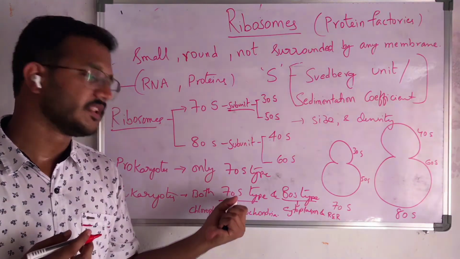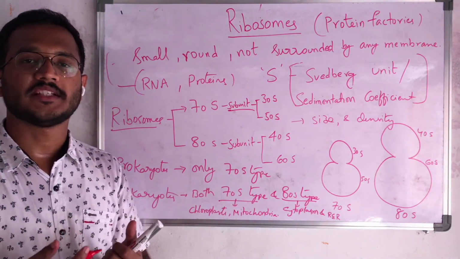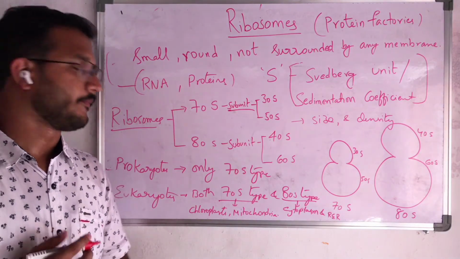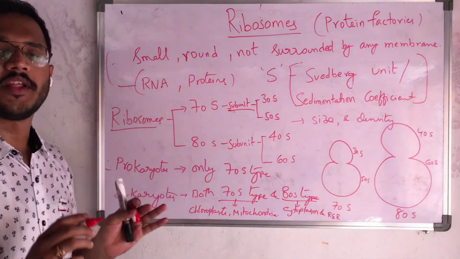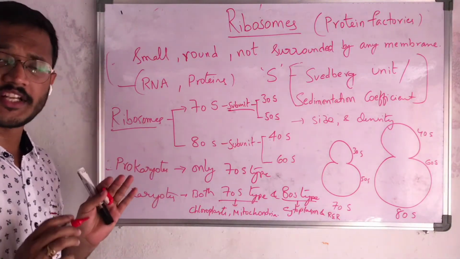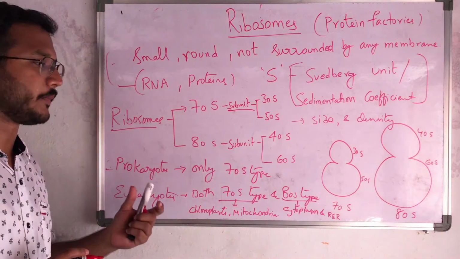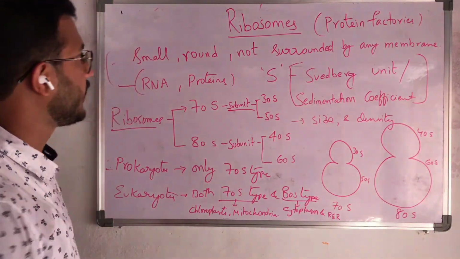Which type of ribosomes? 70S type. That's why we call mitochondria and chloroplasts semi-autonomous cell organelles. Mainly, the function of ribosomes is protein synthesis. This is the structure and these are the types of ribosomes, and in which organisms they are present, we discussed in detail.